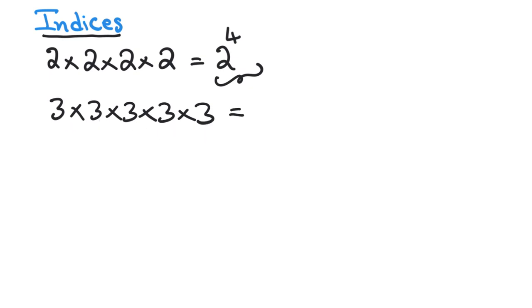So how will I write this as a power? 3 to the power 5. Get the idea now of how you write indices. Instead of writing 3 five times, we simply write 3 to the power 5.